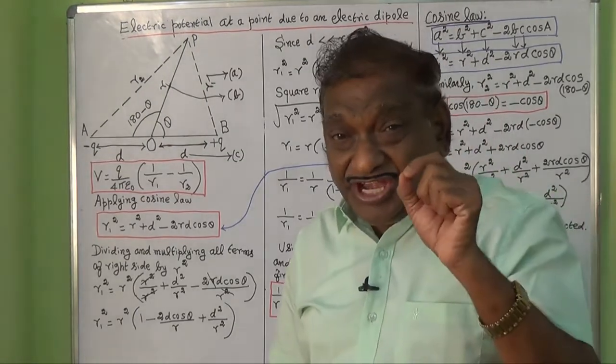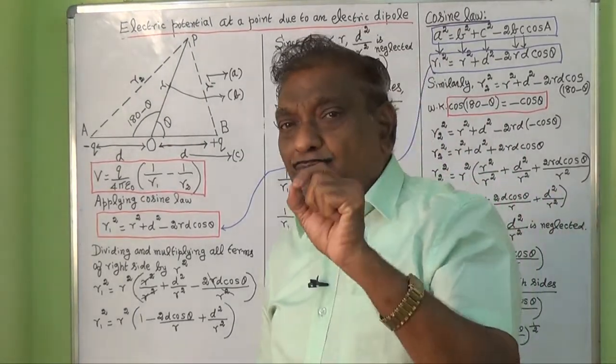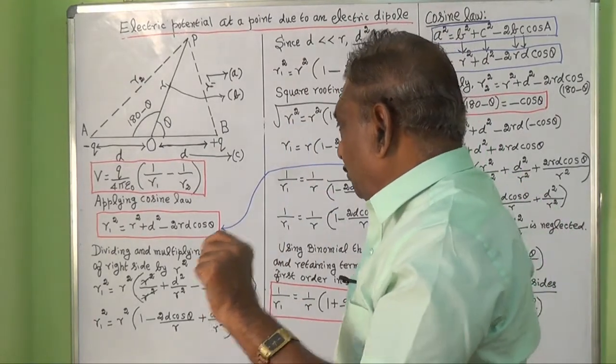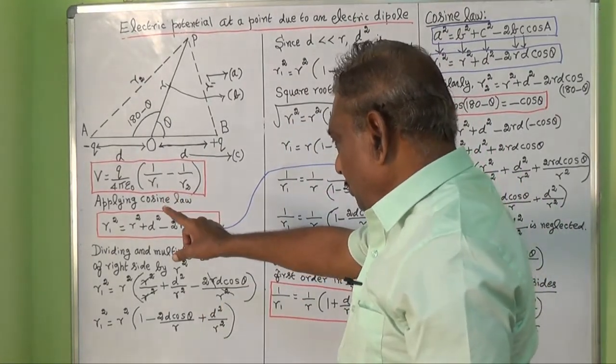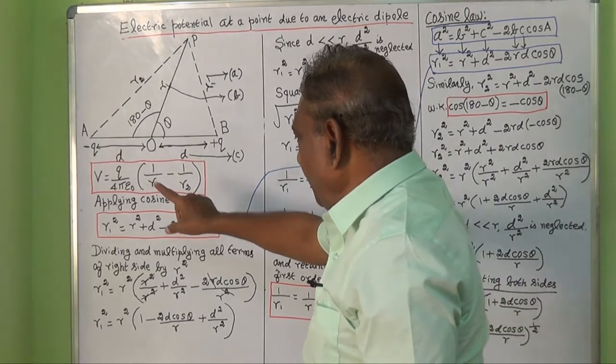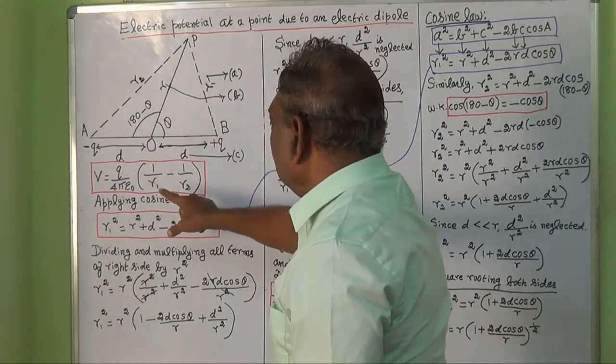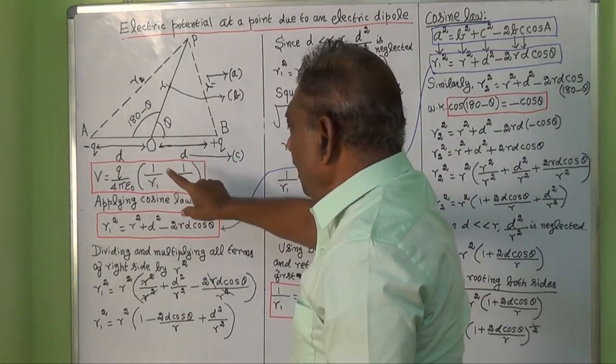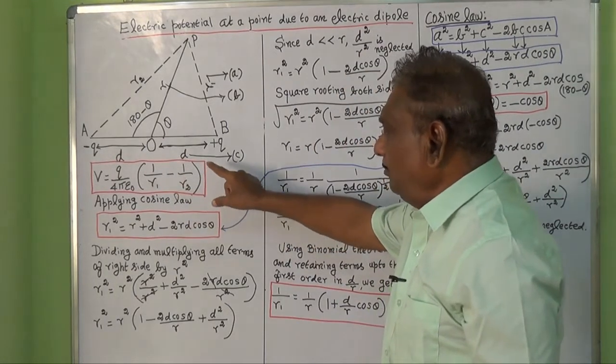As already stated, the formula for the potential is Q by 4 pi epsilon naught into 1 by R1 minus 1 by R2.